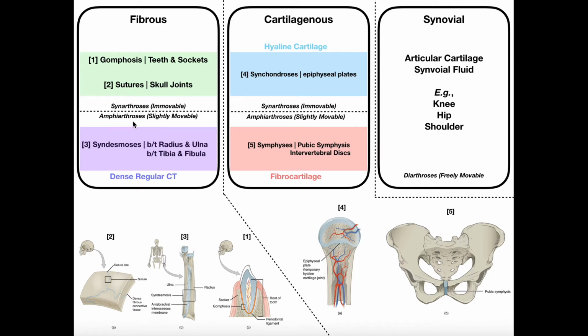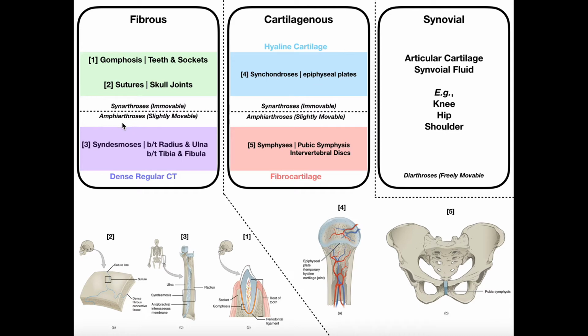The second one is called an amphiarthrosis. This is a slightly movable joint. Now these you're not going to see a tremendous amount of movement. You might see a movement of only 1 degree. Very small amount, but the point is they're not immovable. There's going to be a slight amount of movement seen in an amphiarthrosis. Okay, and just so you know, amphi tends to mean a little bit or a mix, somewhere in between.